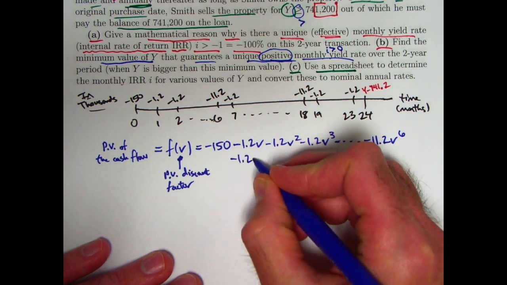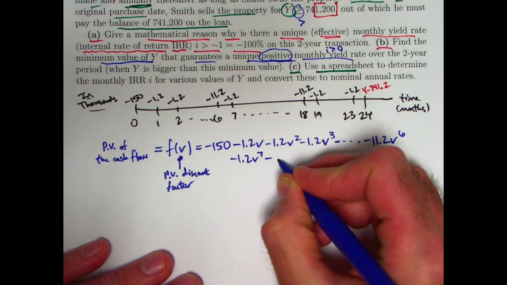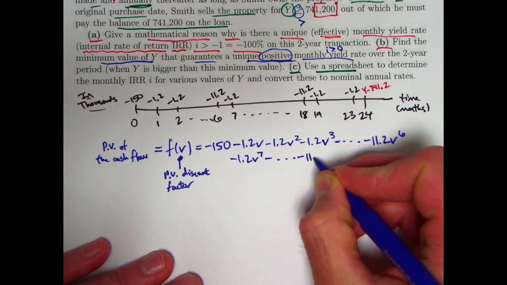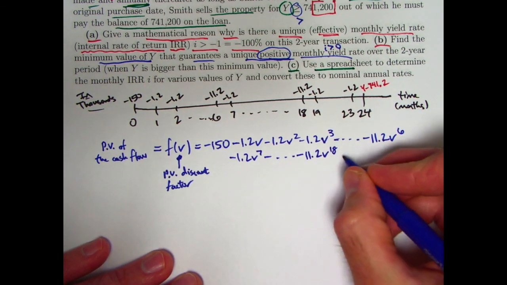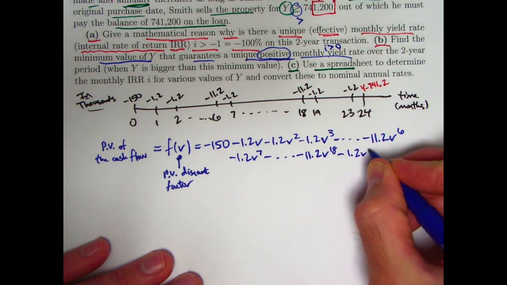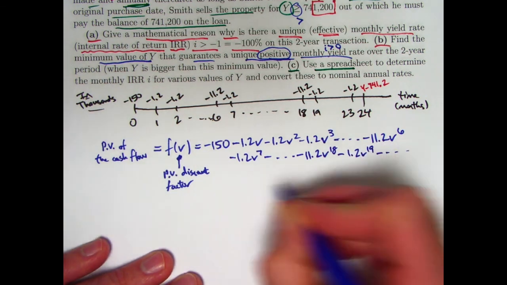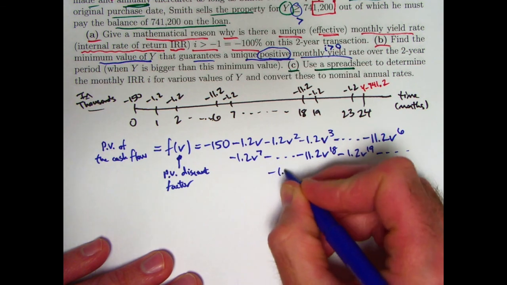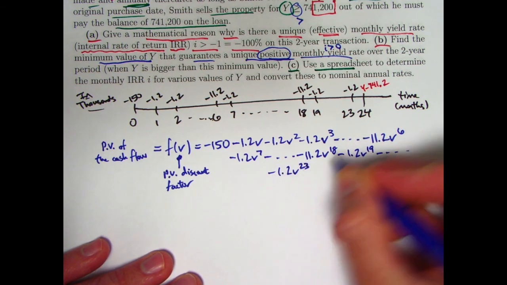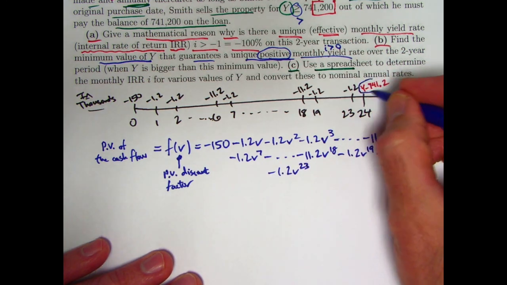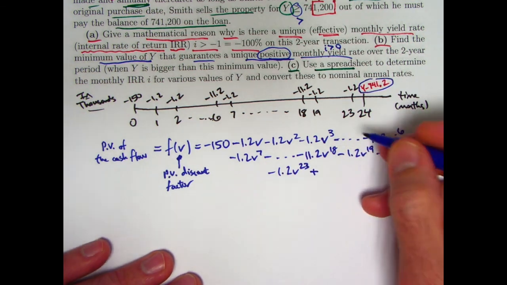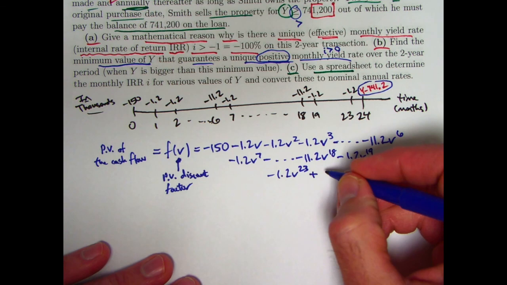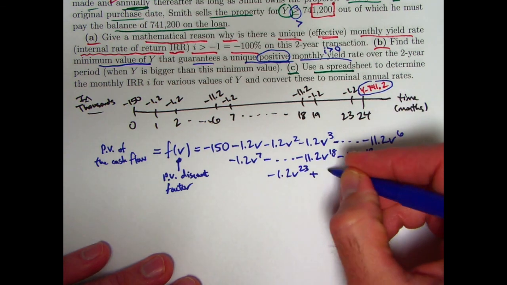Then I have a negative 1.2 at time 7, etc. Negative 11.2 at time 18 needs to be multiplied by V to the 18th, etc. Finally, at the end, we have this quantity, y minus 741.2, which is going to be a positive quantity because of our assumption on y. Even if it were negative, I'd still put a plus sign here.